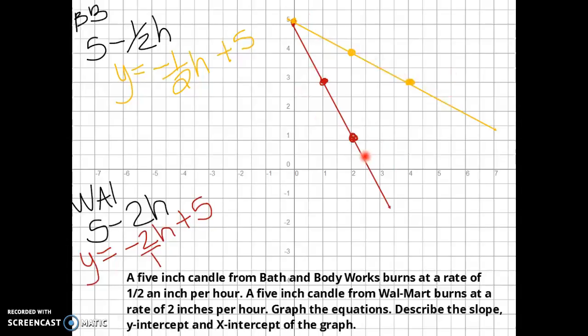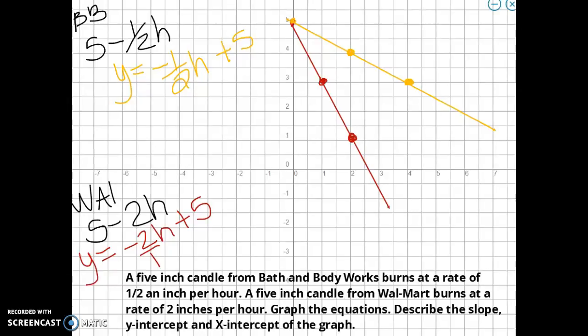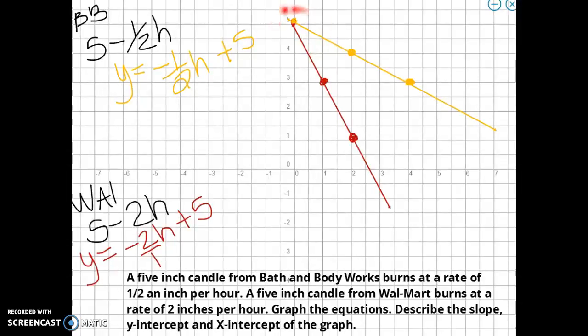And these lines are not parallel, especially since they intersect right here at 5. Okay? So since they touch, they're not parallel.